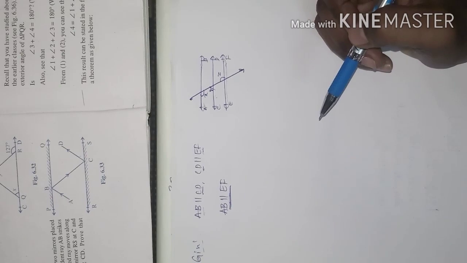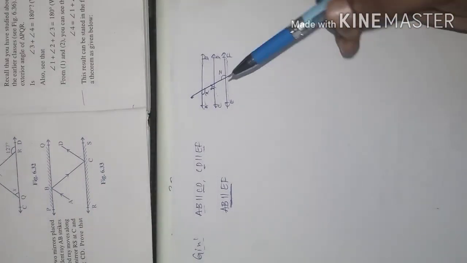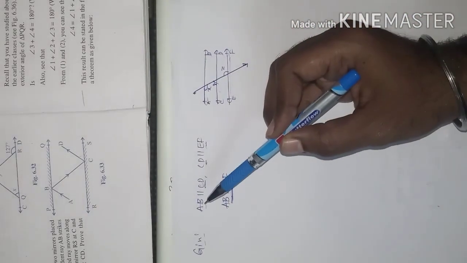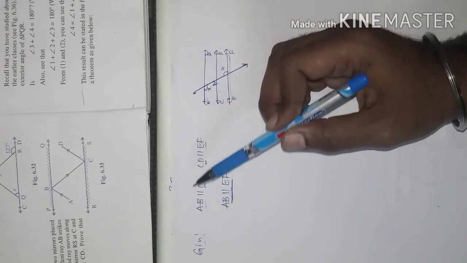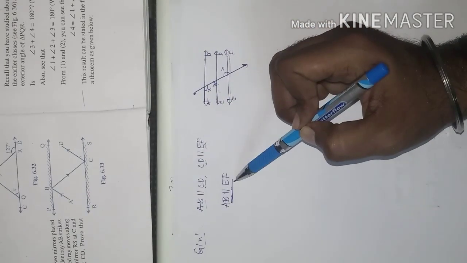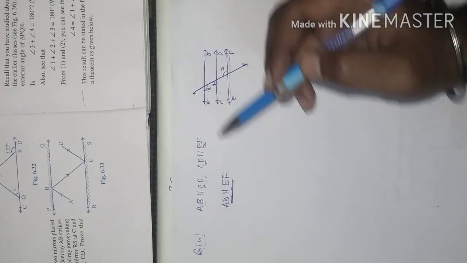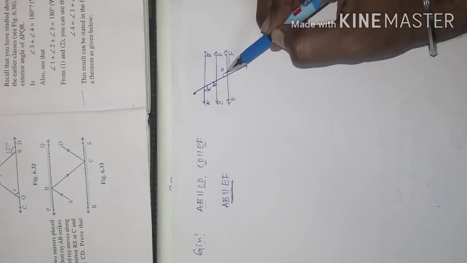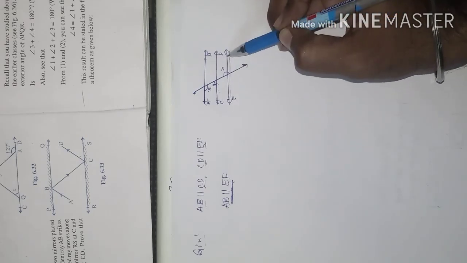We learnt the statement in the last class: lines which are parallel to the same line are parallel to each other, yes or no? See, AB is parallel to CD and CD is parallel to EF. It means AB is parallel to EF. So by using this we can say that x is equal to z. Why? Because see here, AB is this line and EF is this line.